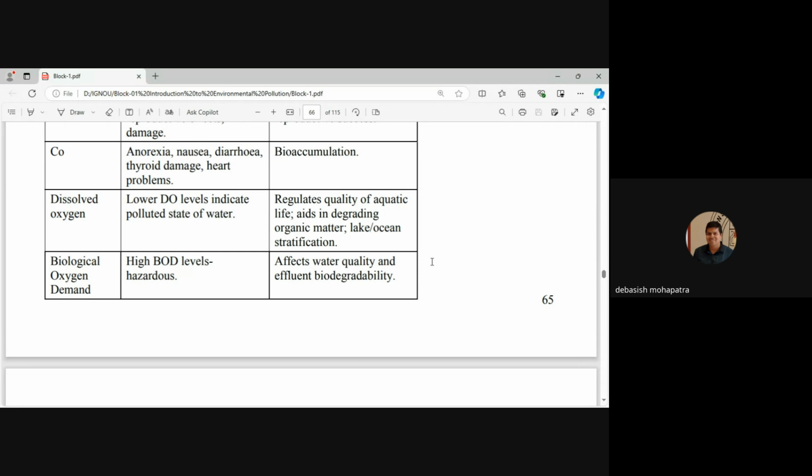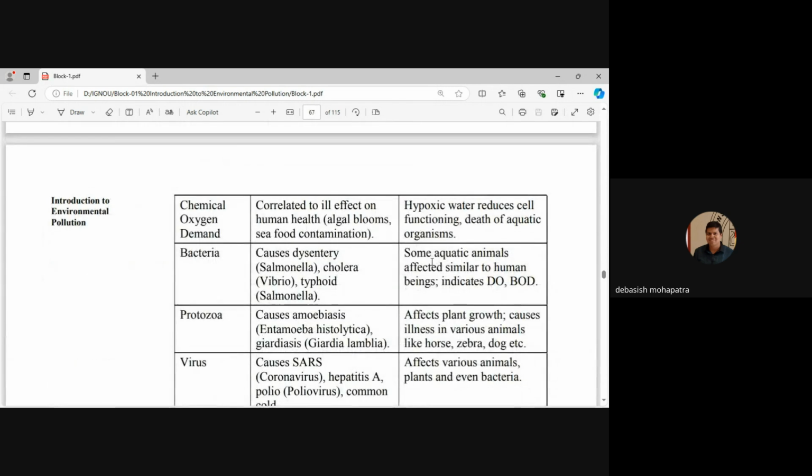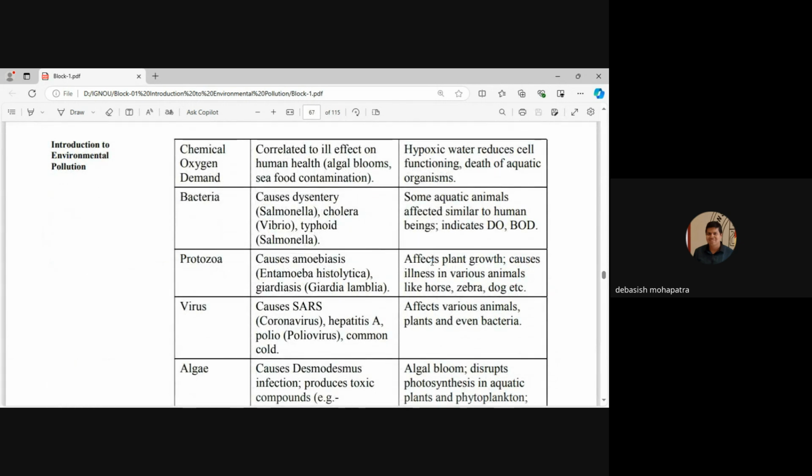Biological oxygen demand, BOD: high level is hazardous, affects water quality. Chemical oxygen demand correlates to ill effects on human health, algal bloom and seafood contamination. Hypoxic water reduces cell function, causing death of aquatic organisms. Bacteria cause dysentery, salmonella, cholera.